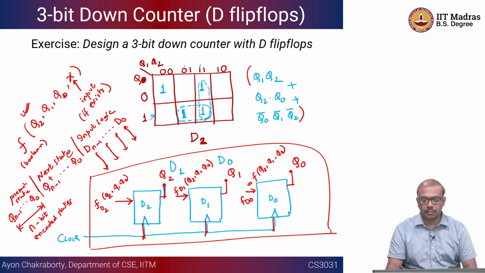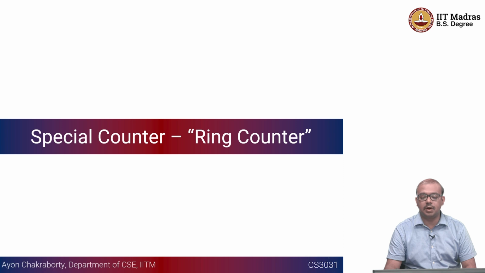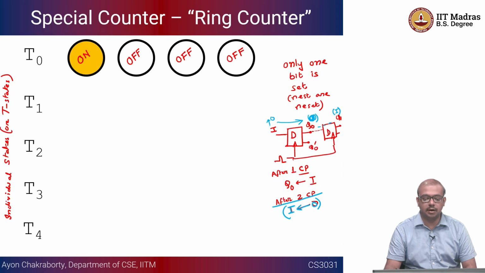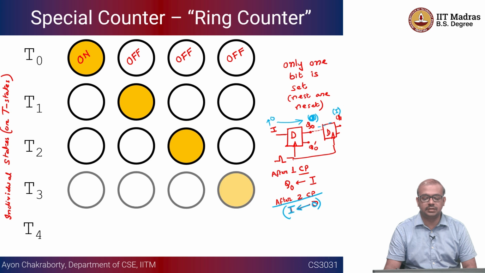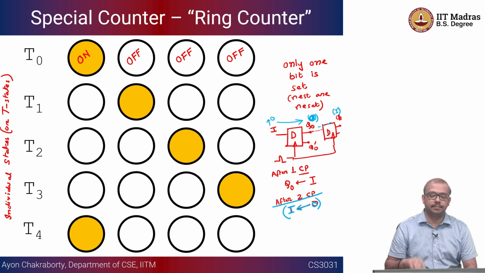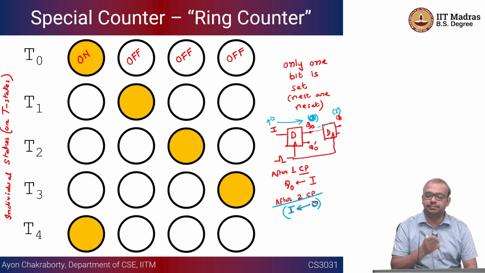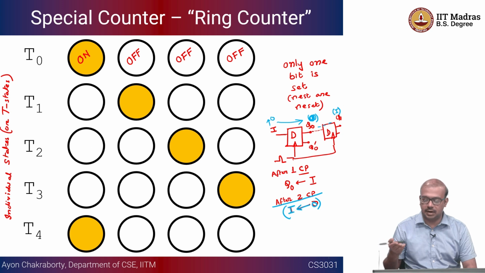Okay. So we looked into the design of this counter in detail. I think I made a quick revision and then also gave you some additional perspectives. Then we looked into these 2 kinds of special counters. One was the ring counter, and the ring counter went through this kind of a state machine where only one output is on. The rest of the outputs are all off, and that kind of shifts over time, right? It shifts to the right hand side.